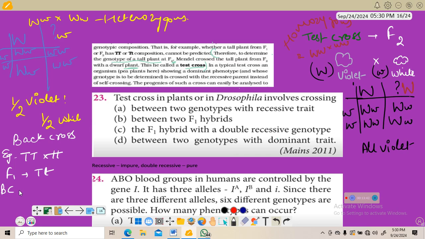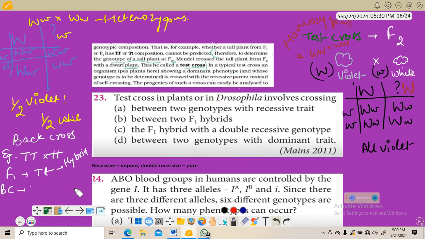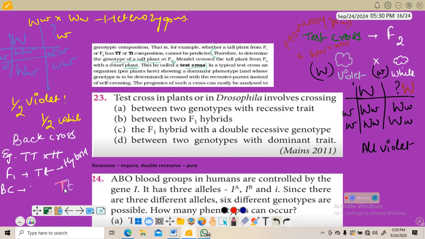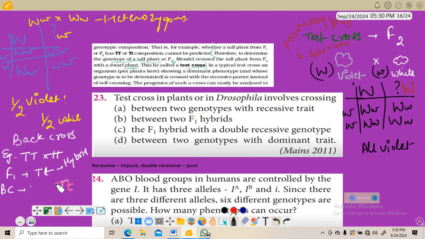Now if I take a back cross, mating a hybrid, this is the hybrid. So I will make a cross of this hybrid with, hybrid is this.